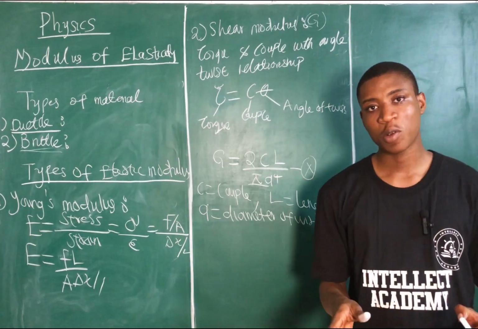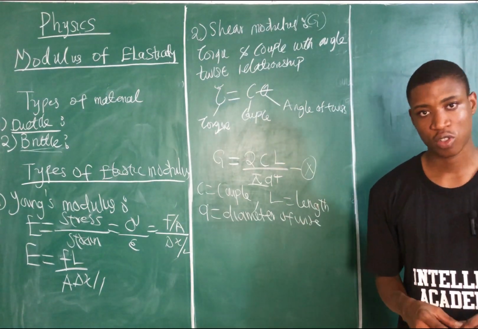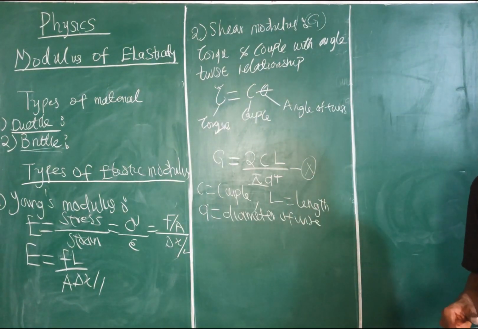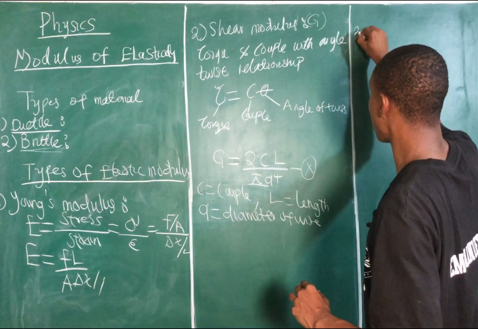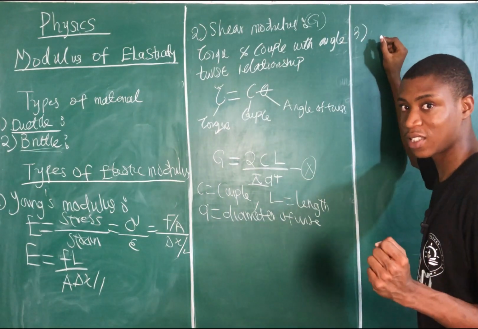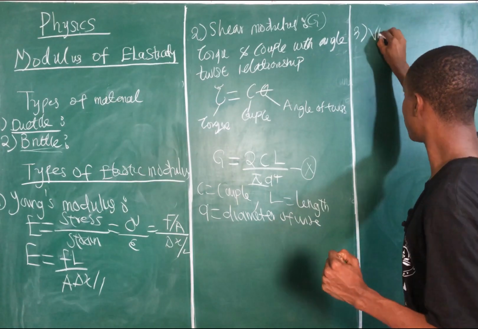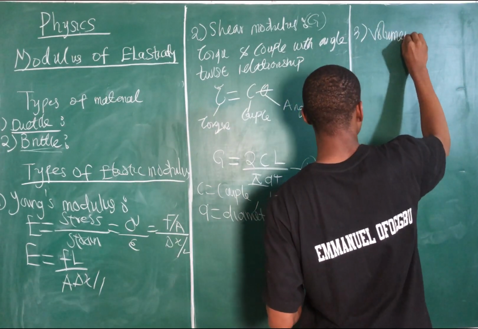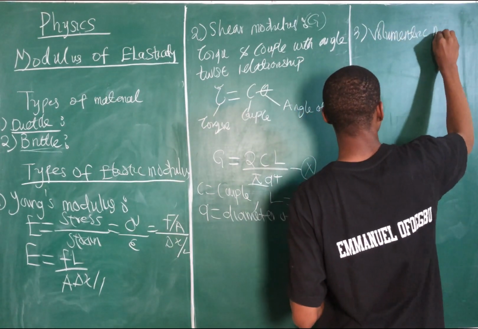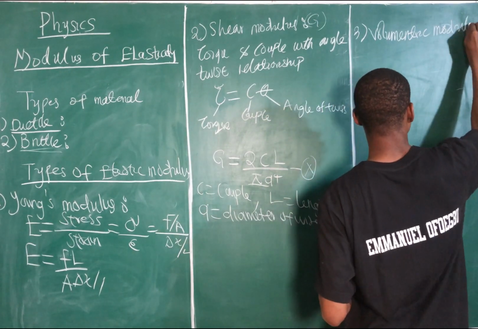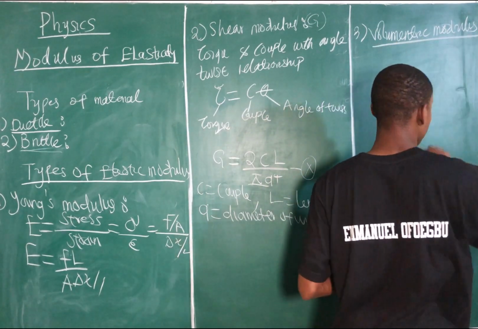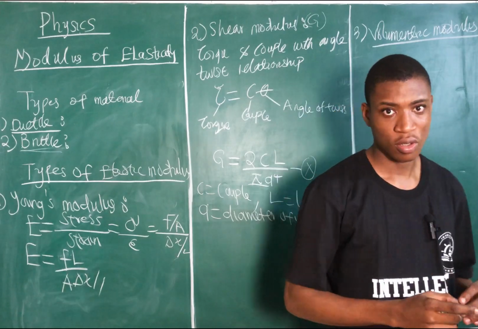Then the next one we're going to talk about is the volumetric modulus. The third type of modulus of elasticity is called volumetric modulus, also known as bulk modulus.